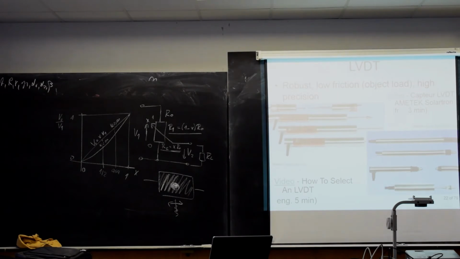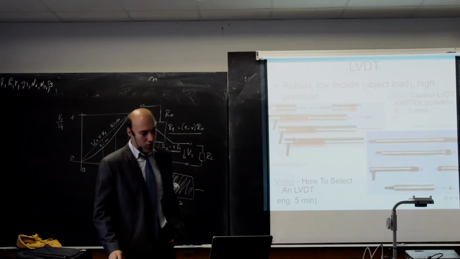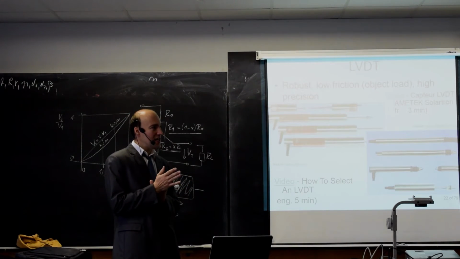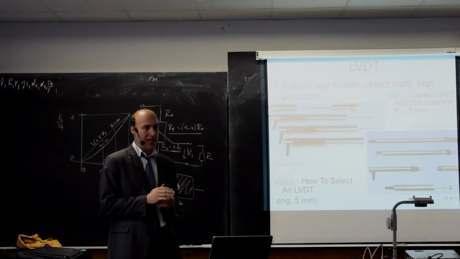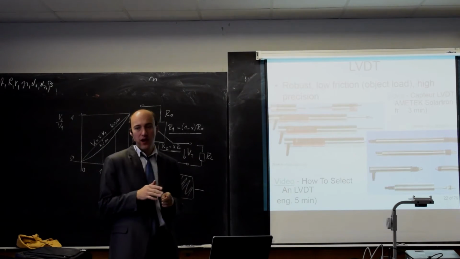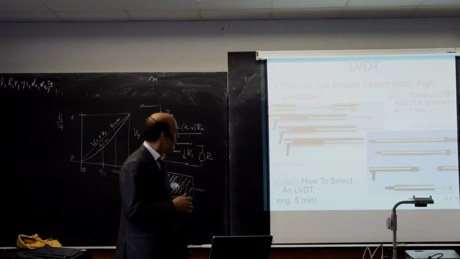As I said, it depends only on the range that you require. The resolution that you can achieve with an LVDT is quite good. So LVDTs can be used to measure within a few micrometers, at least the smaller ones with smaller ranges.